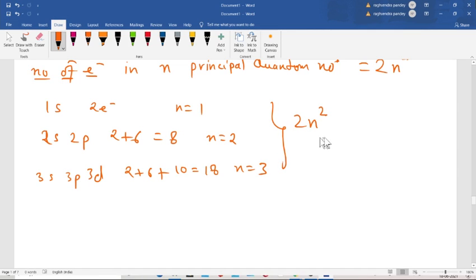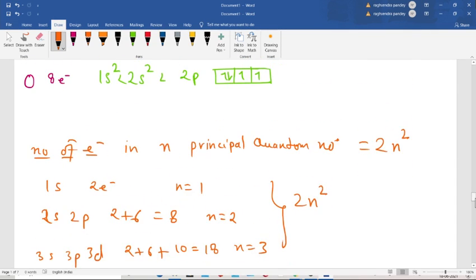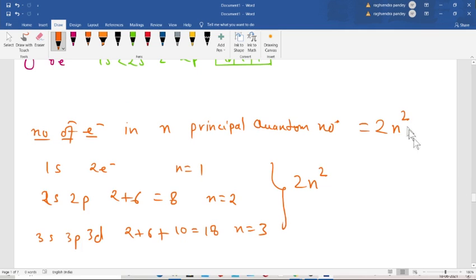So you can use this formula, 2n square. They may ask you which formula is correct. If they give you this, you should know whether it is correct or not, or they can give you some other formula.